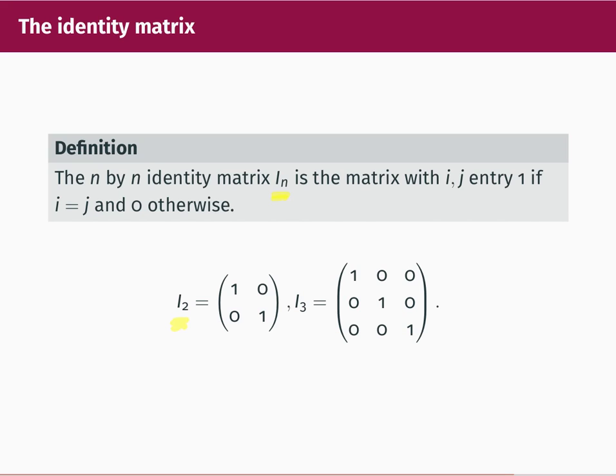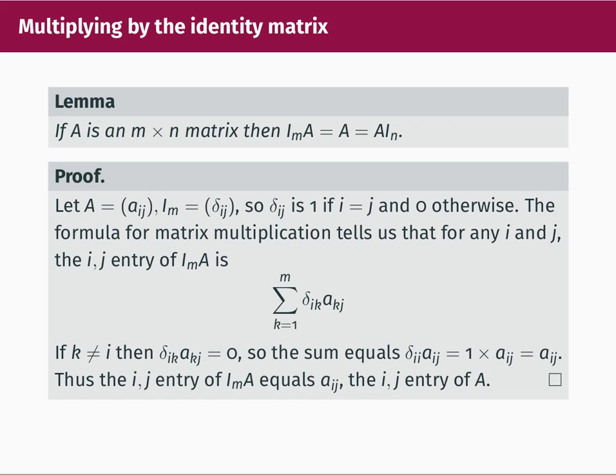So here is I2, its 1 1 entry and its 2 2 entry are 1, and its 1 2 and 2 1 entries are 0. And here is the 3 by 3 identity matrix I3. You can see the 1 1, 2 2 and 3 3 entries are 1, and all the other entries are 0. That's the definition of the identity matrix.